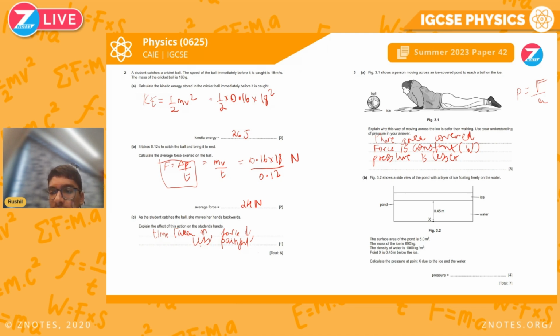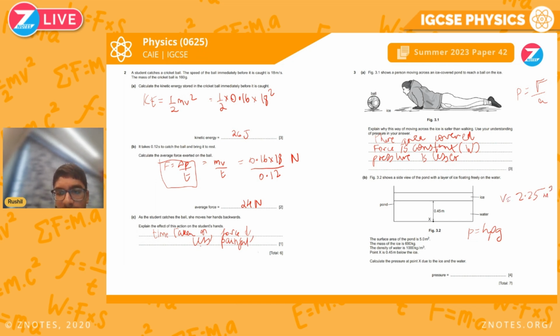So basically, we know that pressure is equal to h rho g of the liquid. Here the height is 0.45, but for the density, we know that density is equal to mass by volume. The volume is the area into height, which is 5 into 0.45, which is 2.25 meter cube.